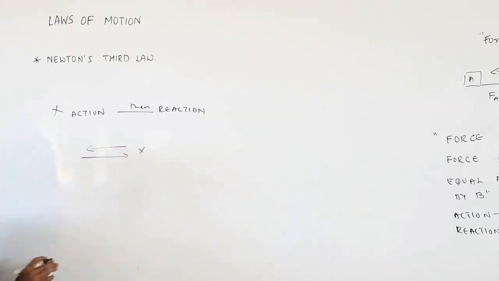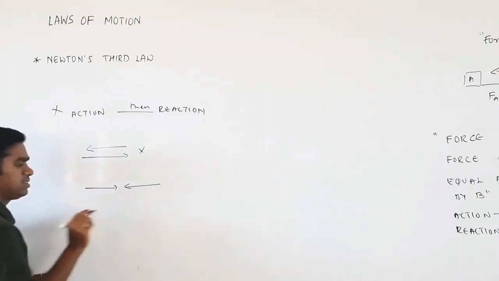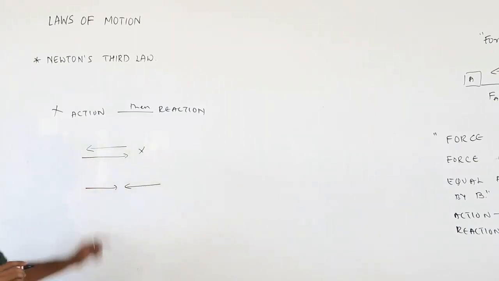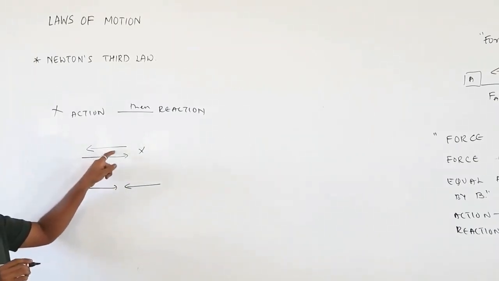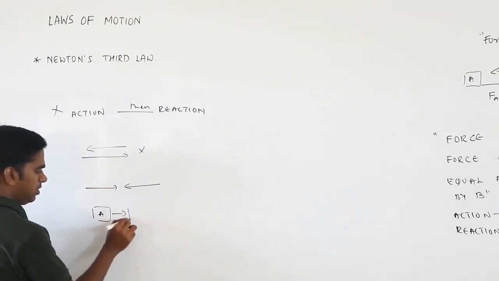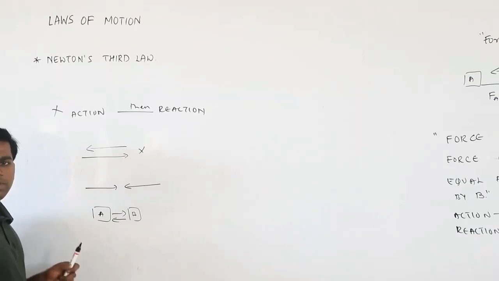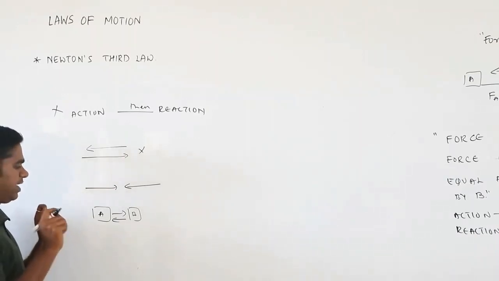It is absolutely wrong. Action and reaction exist at the same instant of time. There is no time interval between action and reaction. As soon as body A exerts force on B, at the same instant B exerts force on A. It doesn't mean that first the Earth will attract something, then something will move the Earth. No, it is not like that. They exist at the same time.